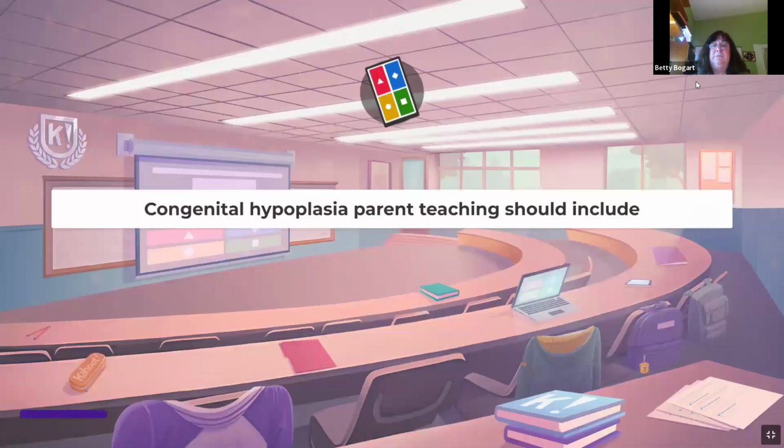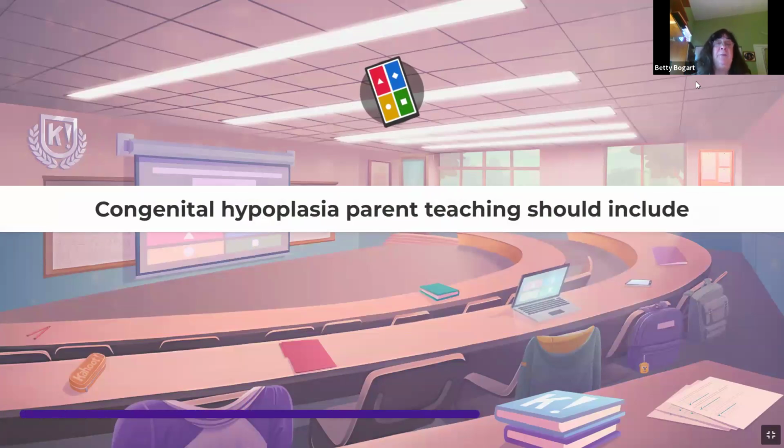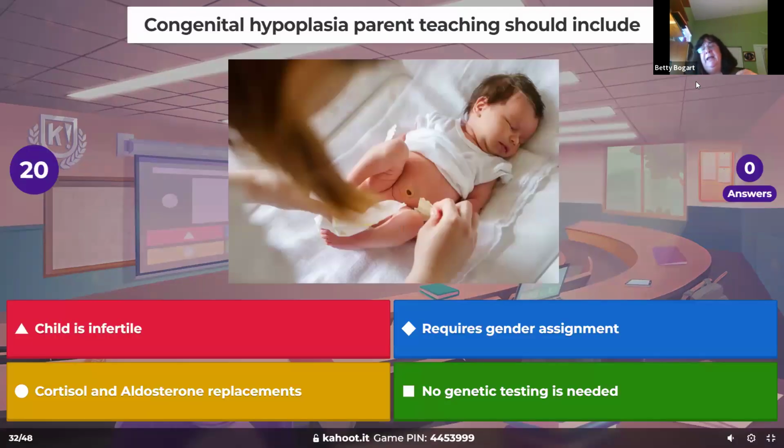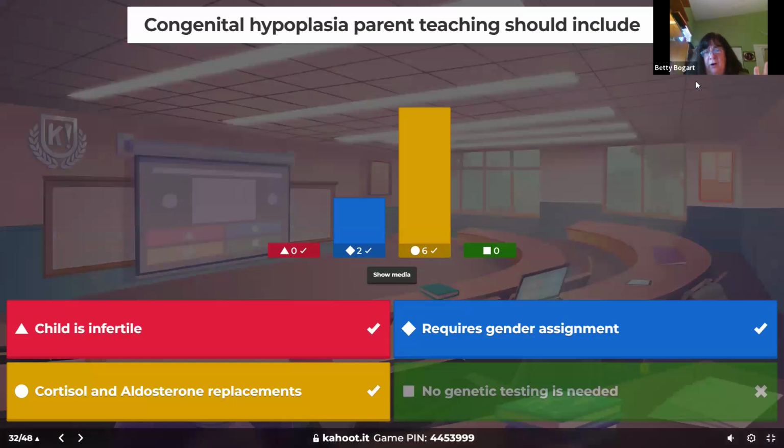A multi. Congenital hypoplasia, parent teaching should include, and this is that adrenal insufficiency. This is Addison's disease. You know, in my career, I've only seen one. And this is the child where you need to assign, is it a boy? Is it a girl? Because it literally had a prominent clitoris, it had testicles and a vagina.